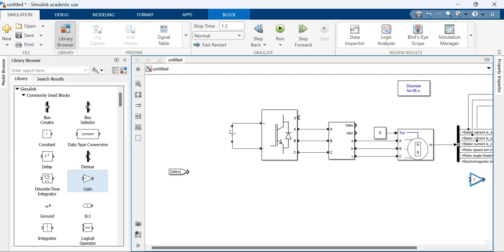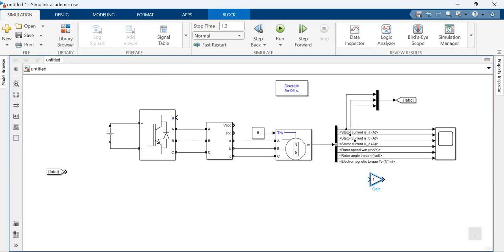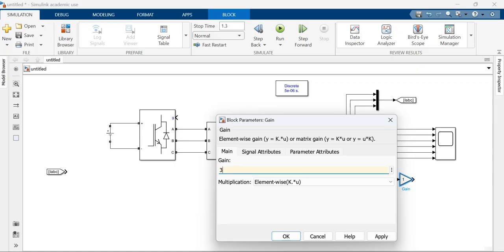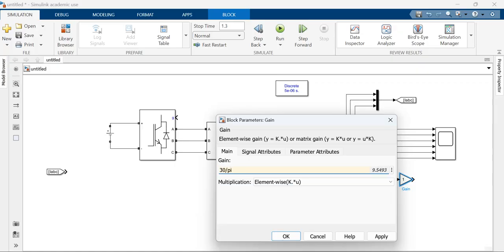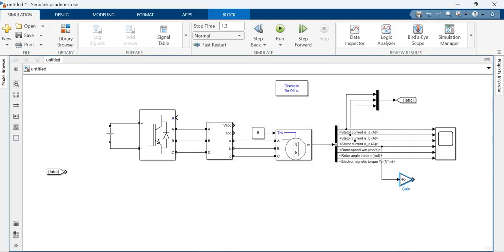Let me take a gain block and connect this speed here, and this is 30 by pi. 30 by pi is a constant which is used to convert omega in radians per second into RPM.